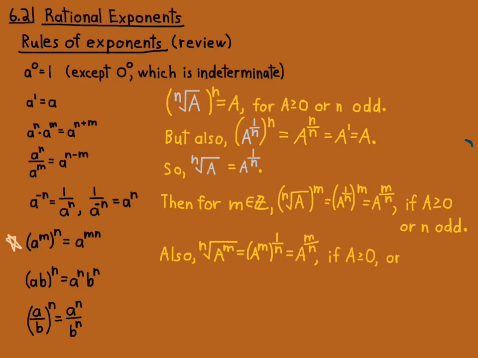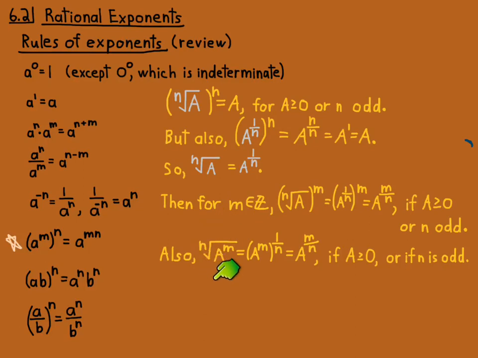Okay, I can do this the other way around. I can put the a to the m inside. The thing inside here is the nth root of a. The thing inside here is a to the m. Raise that to the 1 over n power, and that's a to the m over n. It's the same thing, see? So we could write this either this way or this way.